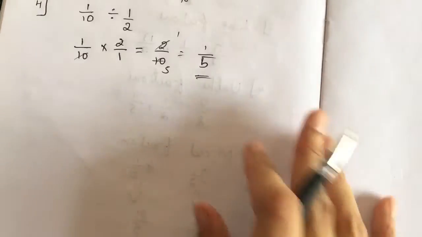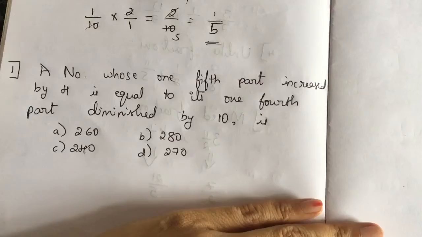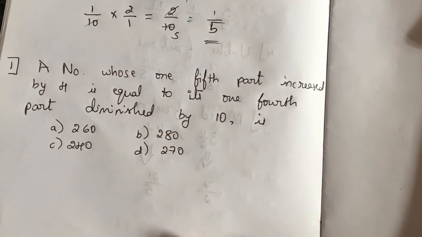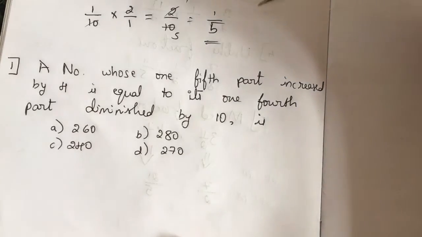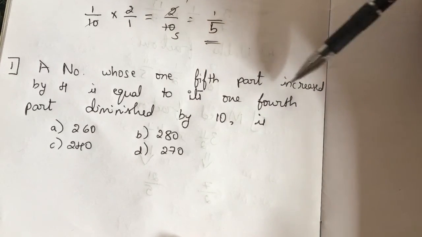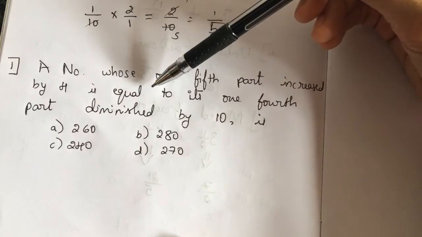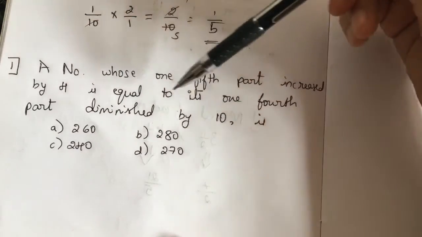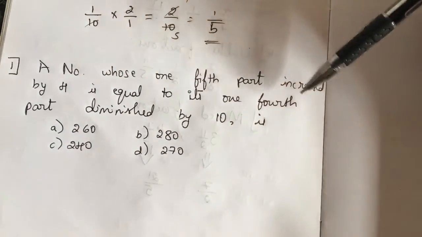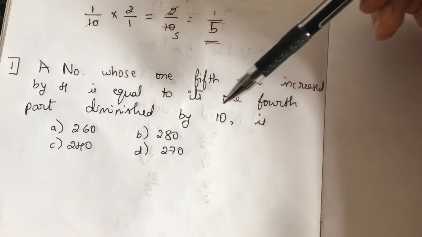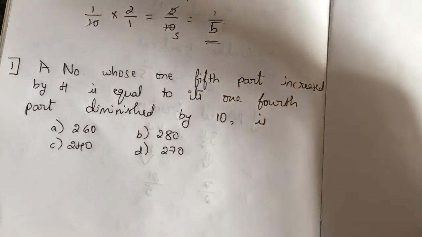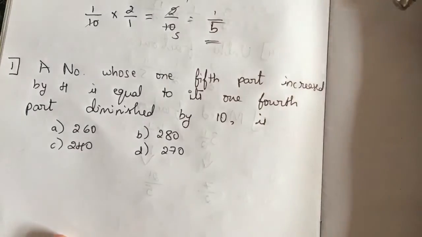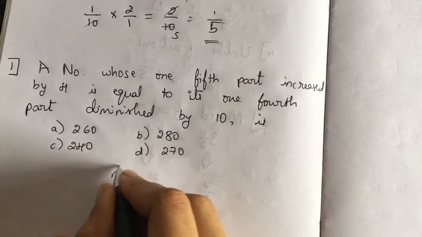Okay, let us go for the problems. First, I'm taking a statement-wise problem. A number whose 1/5 part increased by 4 will be equal to its 1/4 part diminished by 10. I need to find that particular number. I don't know what that number is, so let me take it as n.